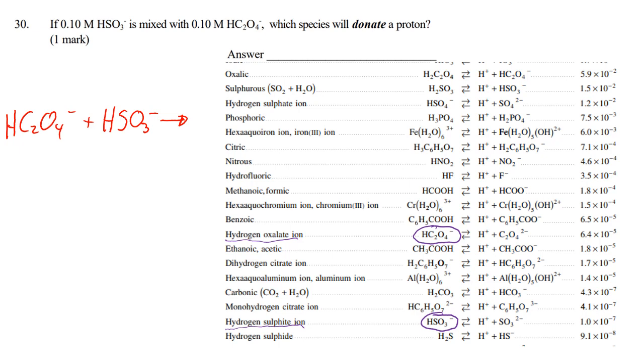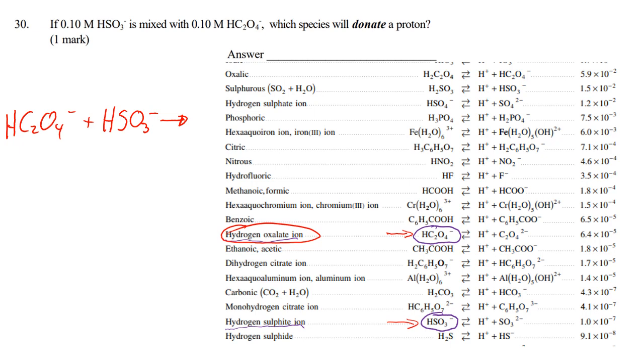If you have these two things competing on which one is going to donate a proton, the hydrogen oxalate ion wants to donate a proton, and the hydrogen sulfite ion also wants to donate a proton. Now, which one is better at donating protons? In other words, which one is stronger? Well, this one is the one that is stronger. So it'll be the one that donates the proton.